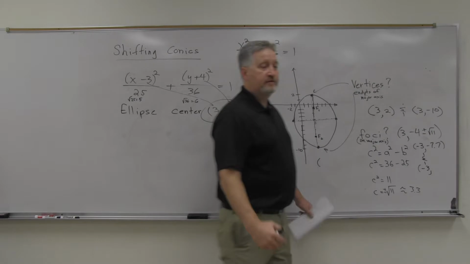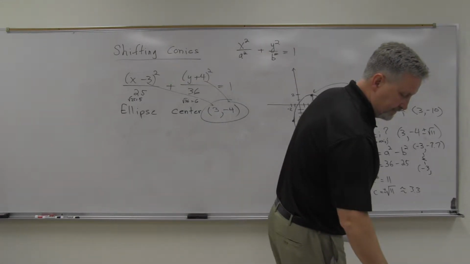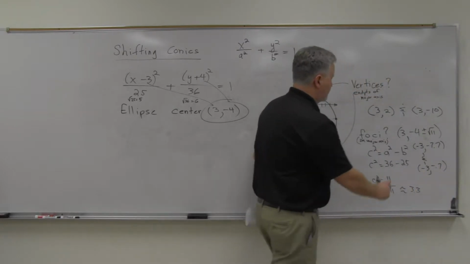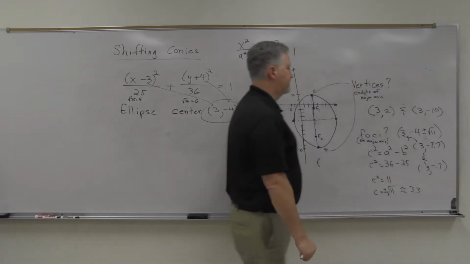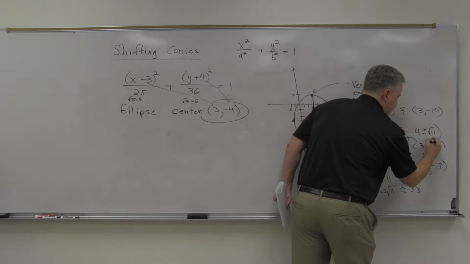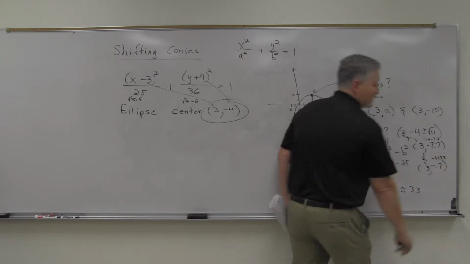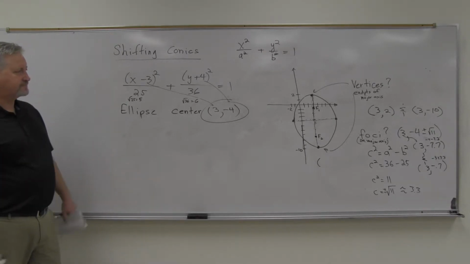We know the x coordinate is positive 3. So this right here was -4 plus 3.3, and this was -4 minus 3.3. Anyway, you can figure those out.